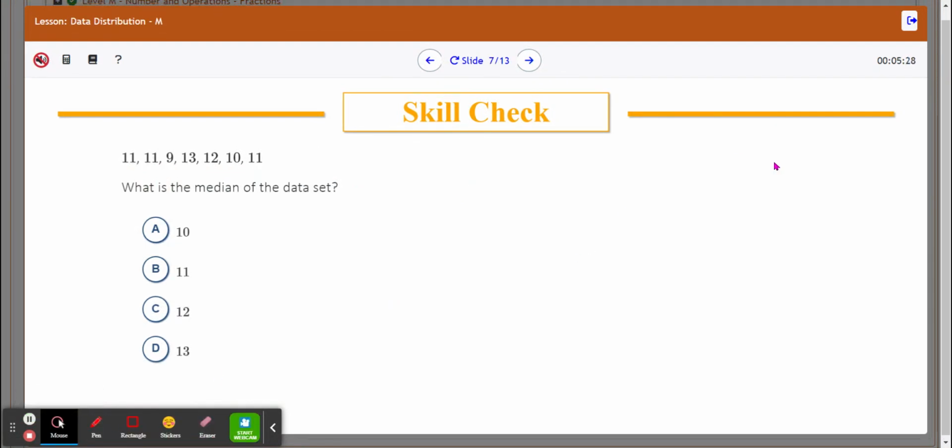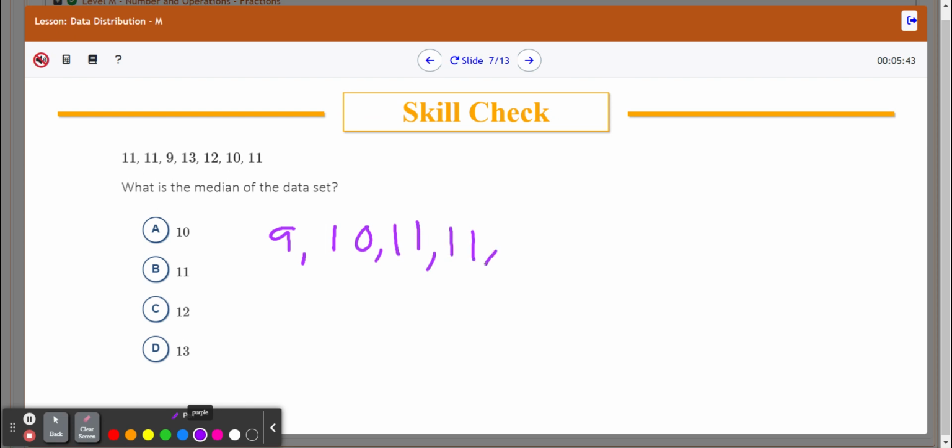The next question asks, what is the median of the data set? Remember, the median is the number that comes in the middle. So first things first, you need to put it in numerical order from lowest to highest. Ready? So I've got a 9, a 10, 11, 11, 11, 12, and 13. All right.